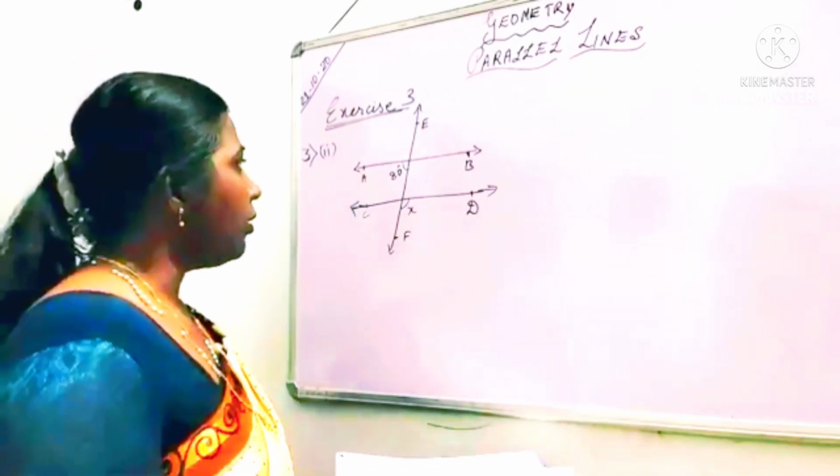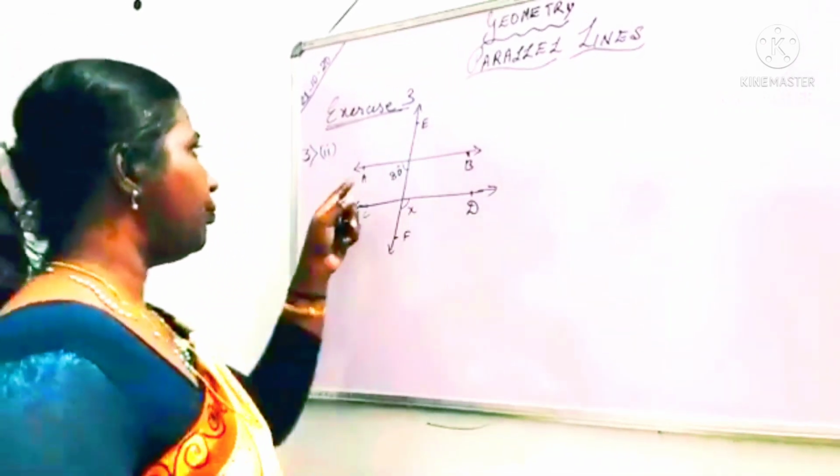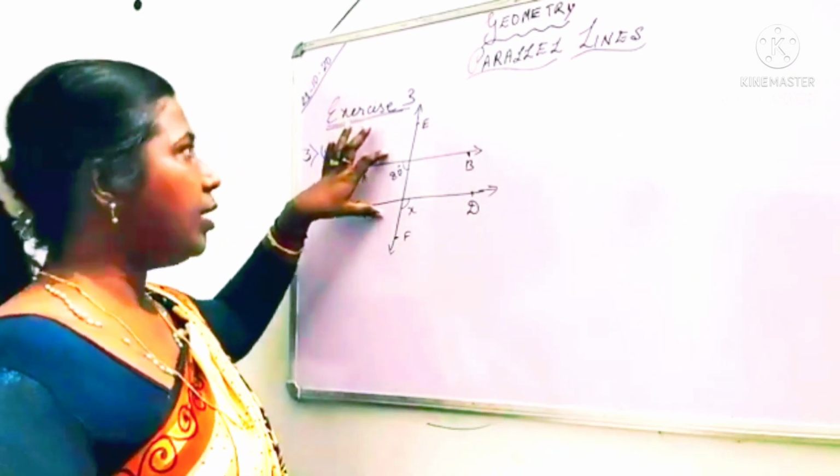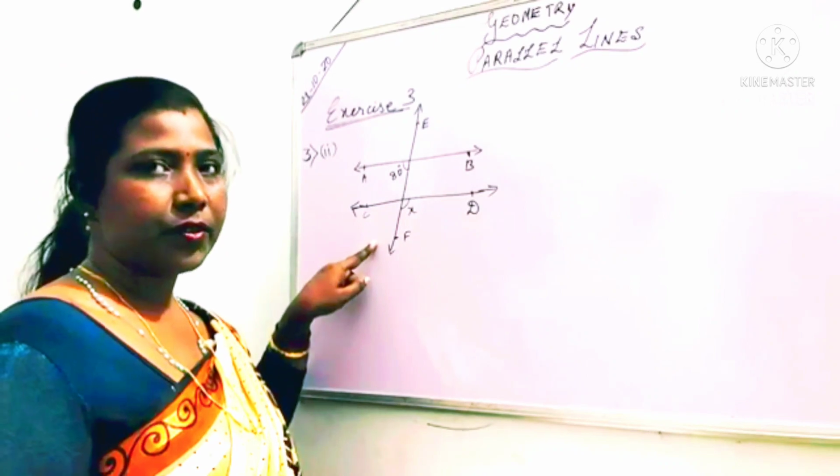Here we have AB parallel to CD. AB parallel to CD is there and EF is a transversal.